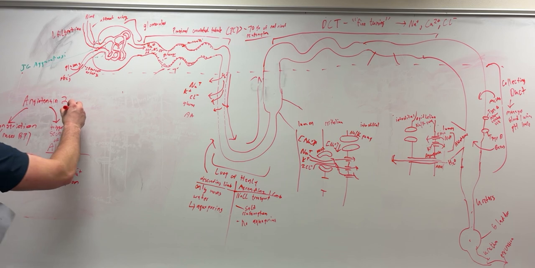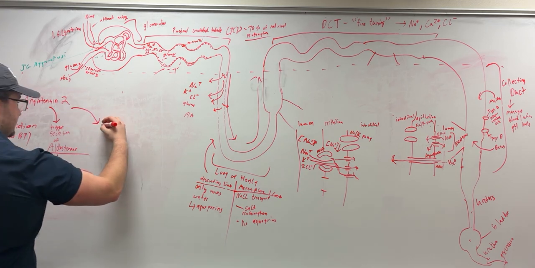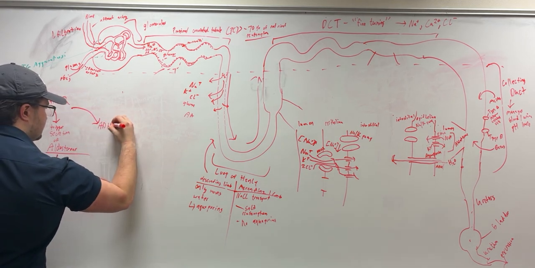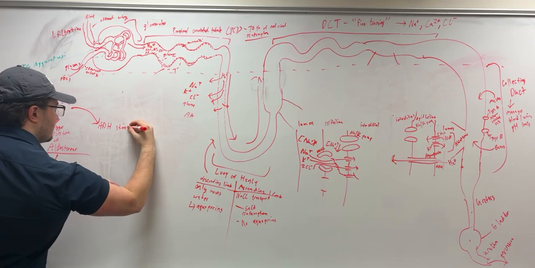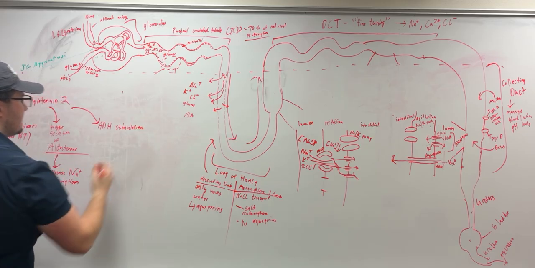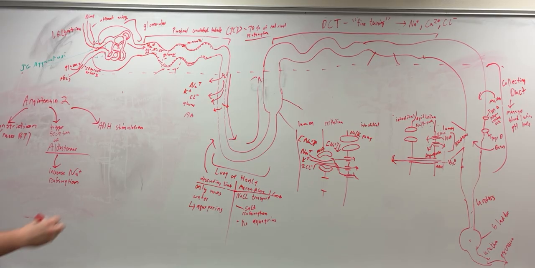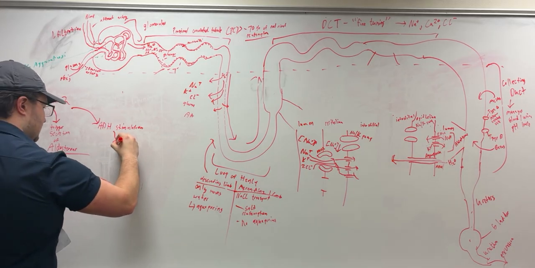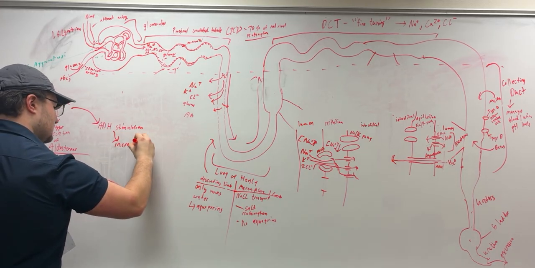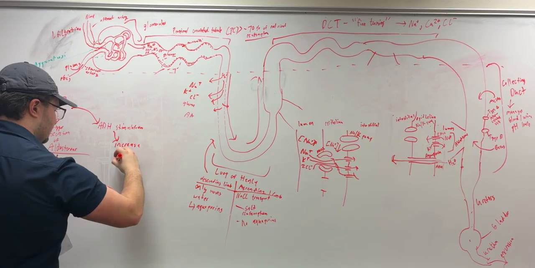The last effect of angiotensin 2 is going to be ADH stimulation. So ADH, which is antidiuretic hormone, is the last hormone in this sequence, and it is going to increase water reabsorption.